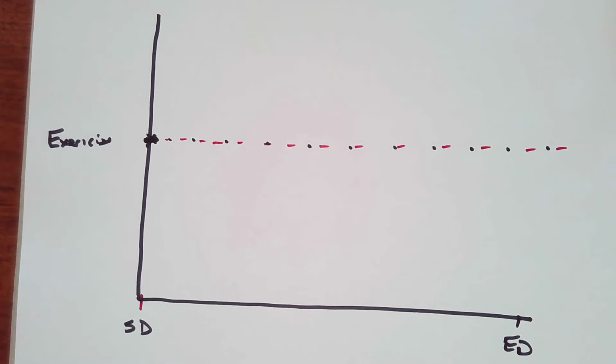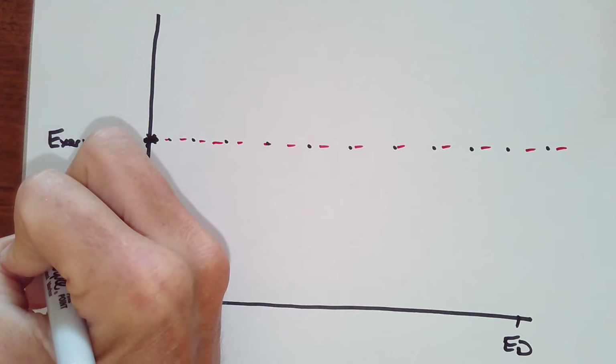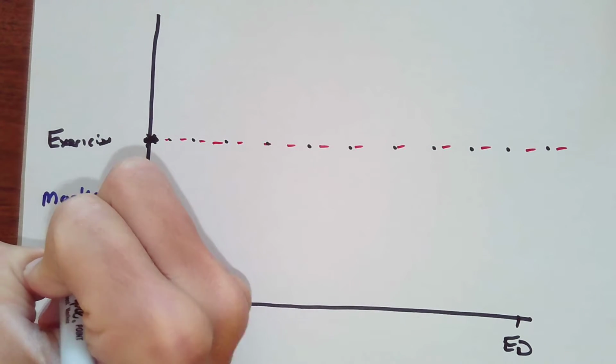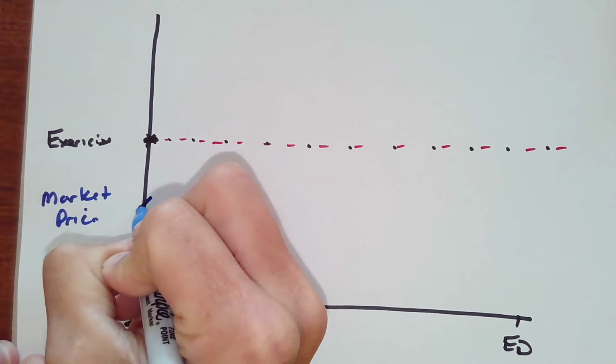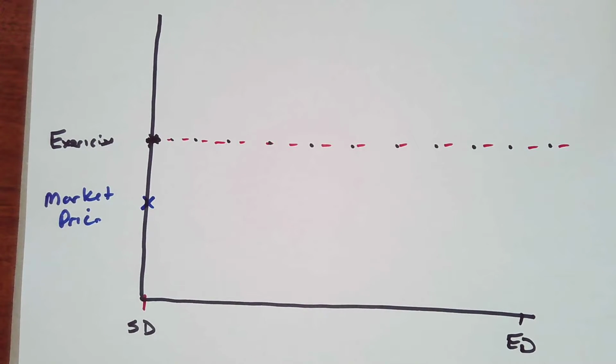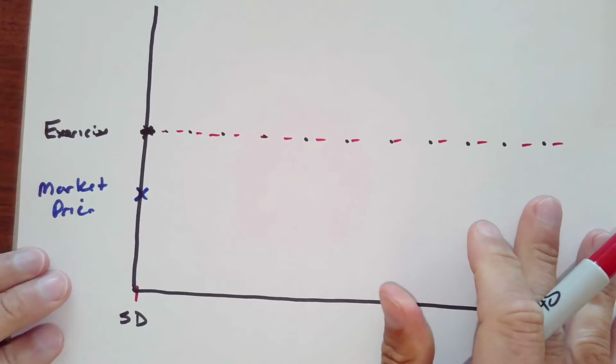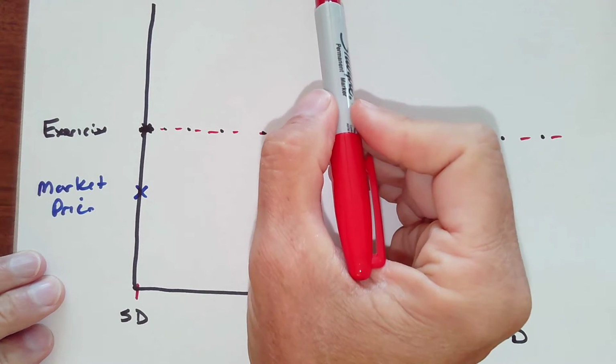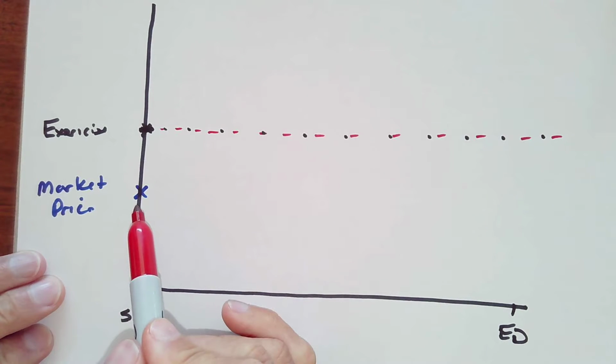Now, the market price is here. So the first question you've got to ask yourself is, for a call option, is this in the money, at the money, or out of the money?